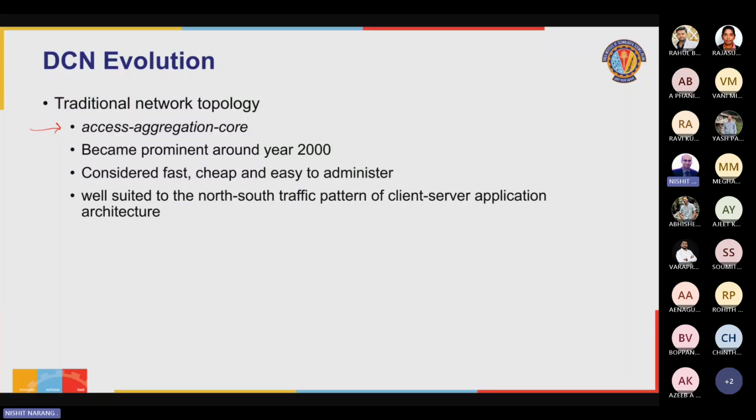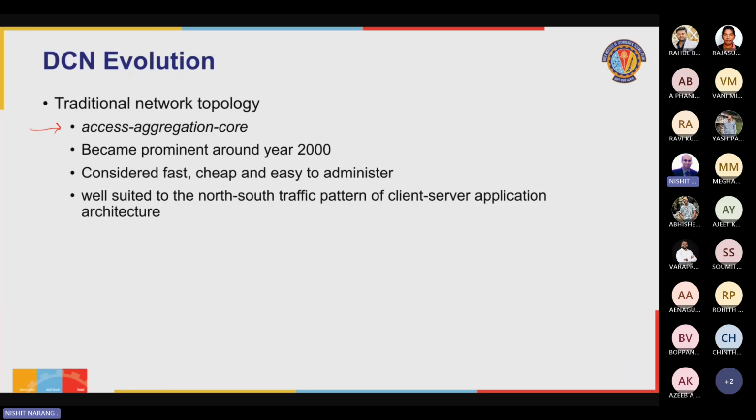Because the applications in the year 2000 or so were still not the cluster-based distributed applications that we talked of in the last class, the predominant traffic that the data center saw in 2000, 2005 was client-server traffic, because that was the era when web applications were becoming extremely popular.